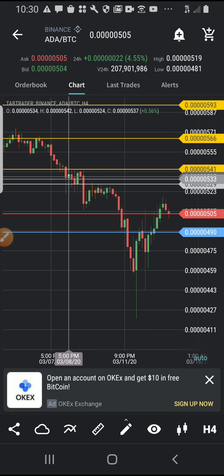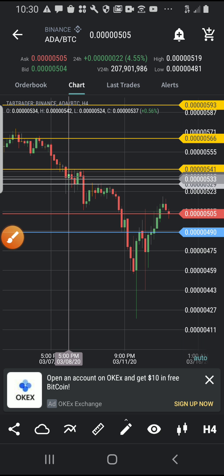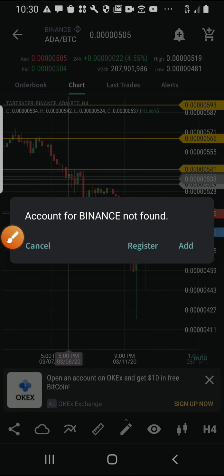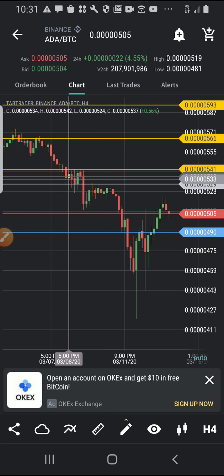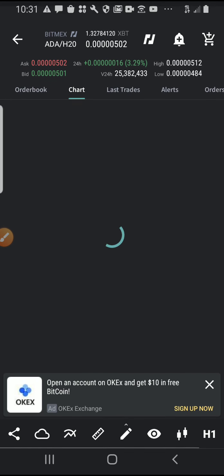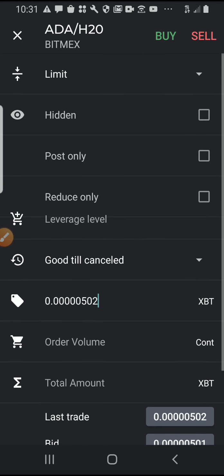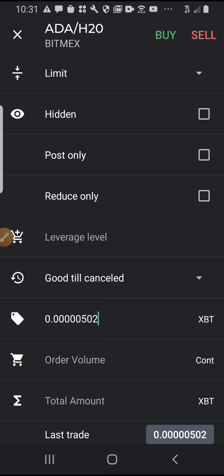What we are going to do is click on this cat icon over here. Okay, I've actually not linked my Binance to this, so I'm going to cancel it. I'm going to use BitMEX, the one I have money in, and I've actually explained everything I want to explain. So we are going to click here to buy, and we say okay.